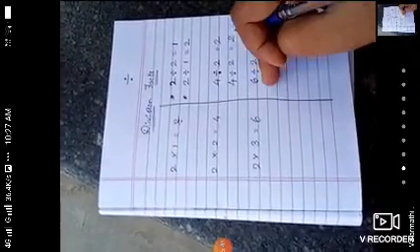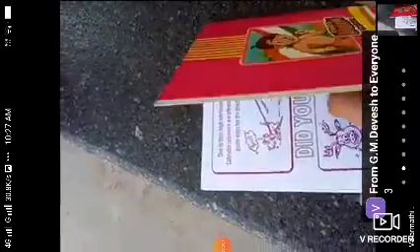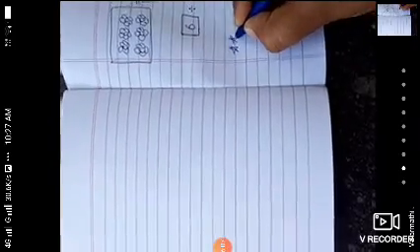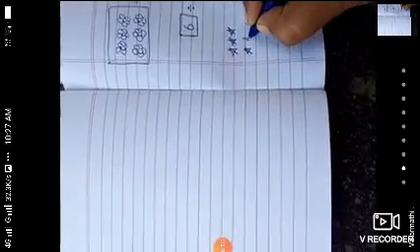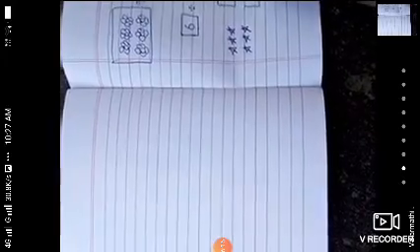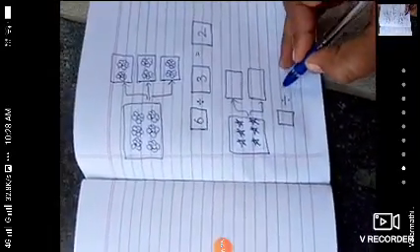When you are dividing the 6 into 2, so 6 divided by 2. 2 means 2 groups.